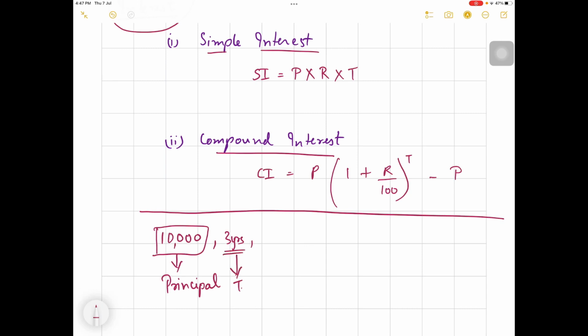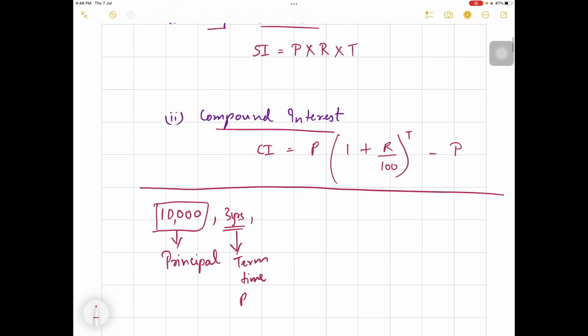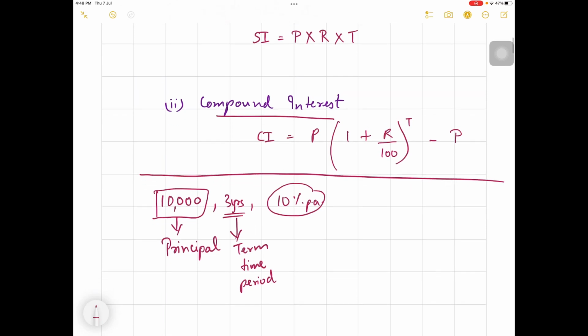3 years is the term or time, or period. And suppose the rate of interest is 10%. 10% means for 1 year I have to pay 10% interest, 10% per annum, so the yearly interest is 10%.